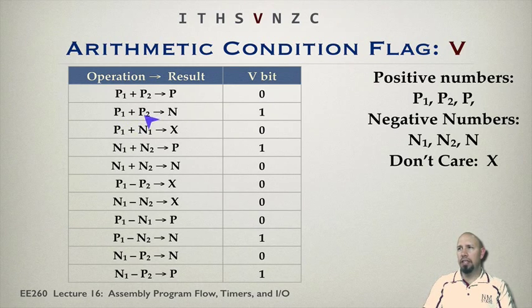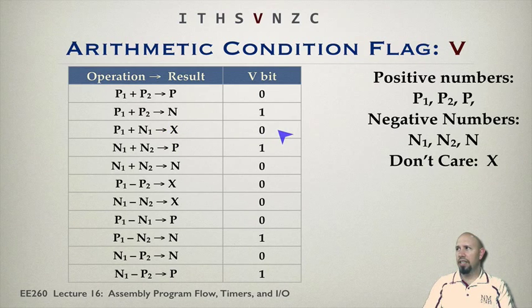If I add two positive numbers together and I get an N, something's goofy going on there, I get a 1. So it tells me something goofy went on. If I add a positive number and a negative number, that will never give me something unusual. It just turns out you can't get anything really unusual that way.